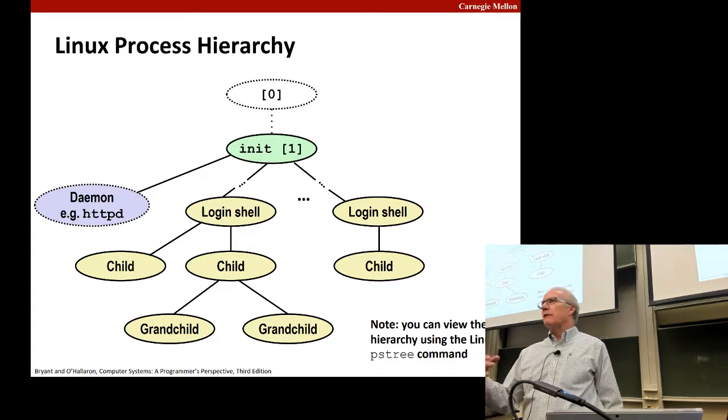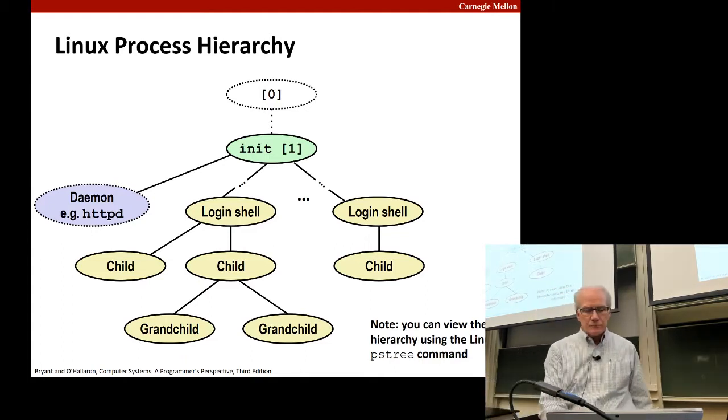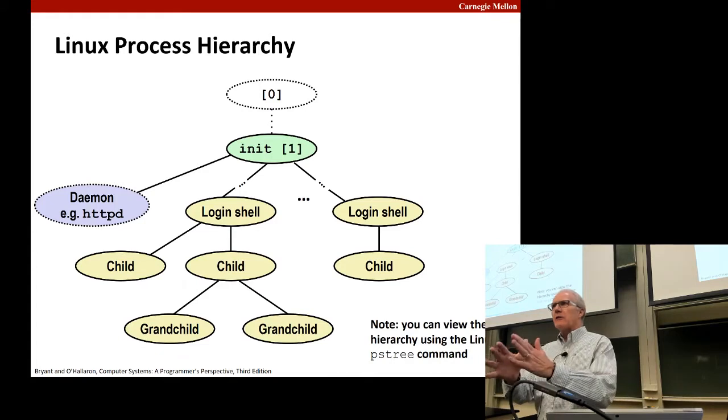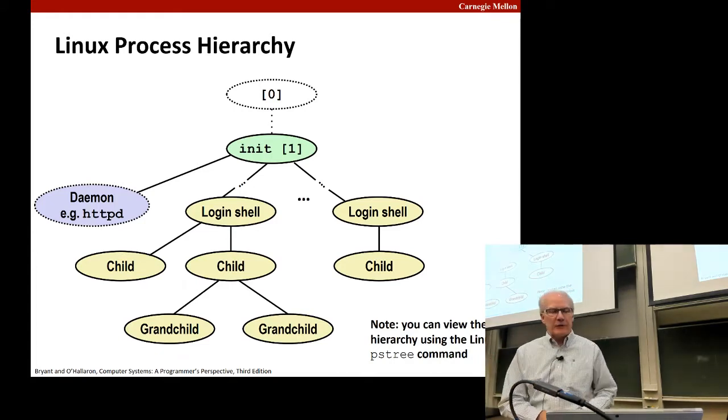There are ones, even for your laptops, that are managing network connections on your behalf. So that's the idea, that forking of children naturally gives you this tree-like hierarchy of processes.